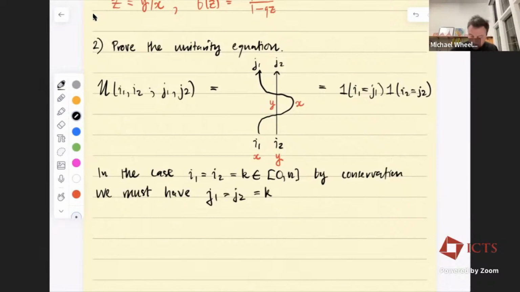That's just because of conservation. Whatever comes into the lattice from below has to exit from the top. So we must have this or else the object vanishes.